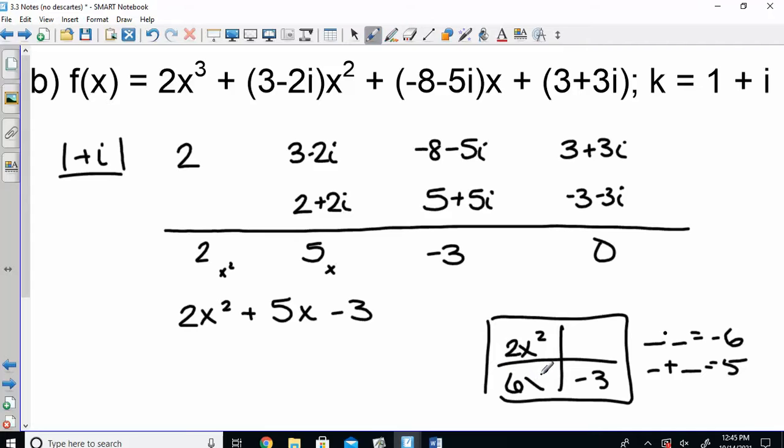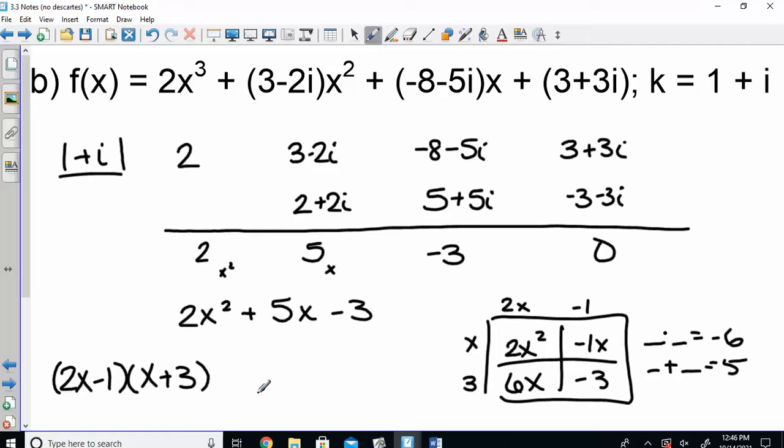So that would be 6 and negative 1. Then if we factor, we get 2x minus 1 and x plus 3. Okay, the final factored form for my polynomial.